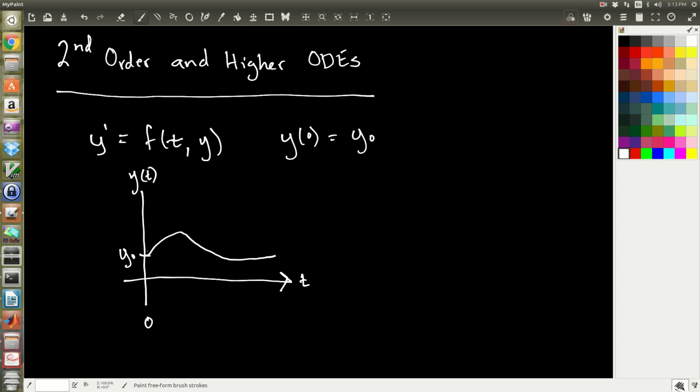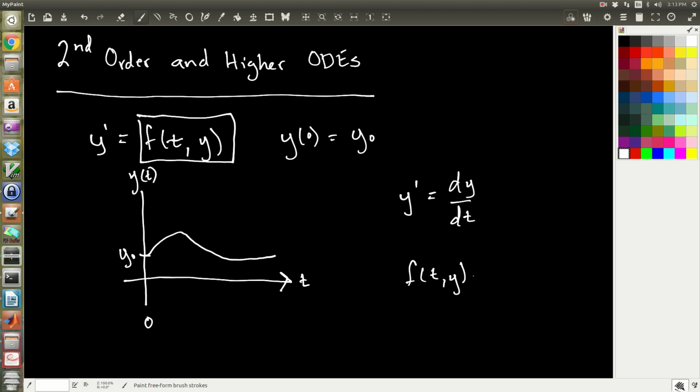It could look like anything. It's a whole family of curves defined by this function right here, f of t and y. So remember, y prime here is just dy/dt. Okay, and f of t and y could be any function of t and y.